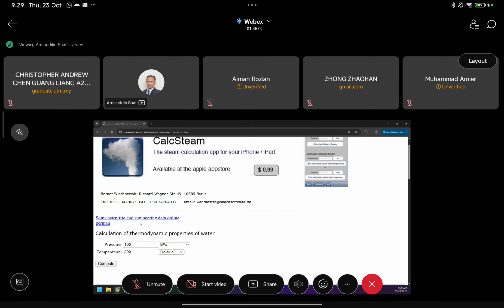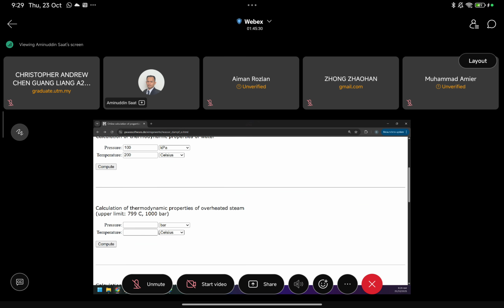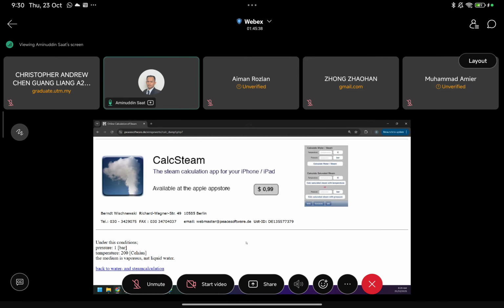Okay, we calculate, but they only give us the phase. If you look here, the medium is vaporous, not liquid water. So they only give you the phase. They're not giving you some properties. Probably we have to pay. I don't know. This should be can be calculated, but I don't know why it is not.